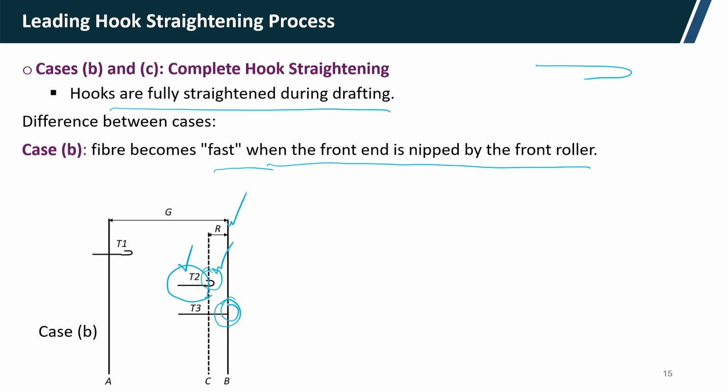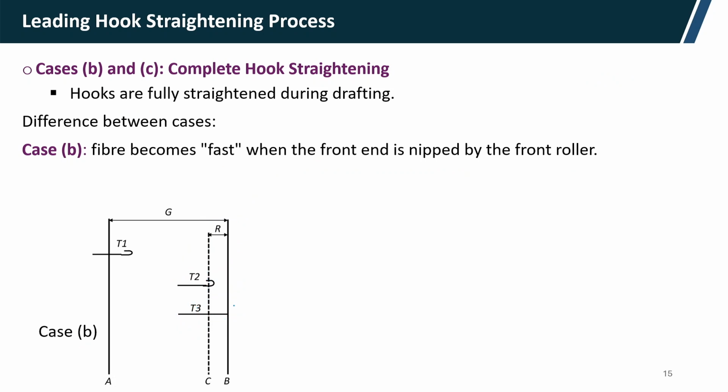But after this, when the fiber's leading end has reached the front roller nip, the midpoint of the body is also behind the accelerating point. So, the movement is mainly due to the front roller grip, as the fiber leading end has reached there.